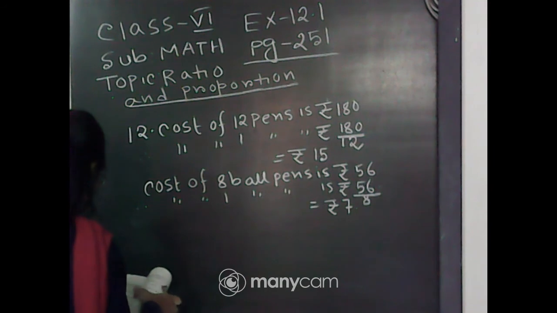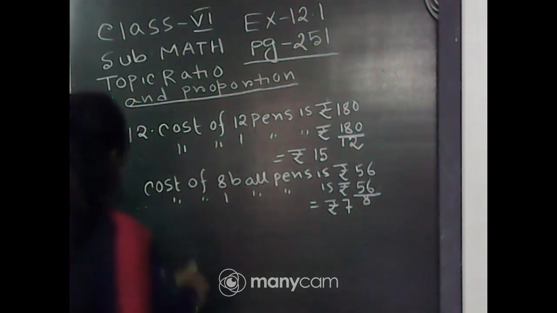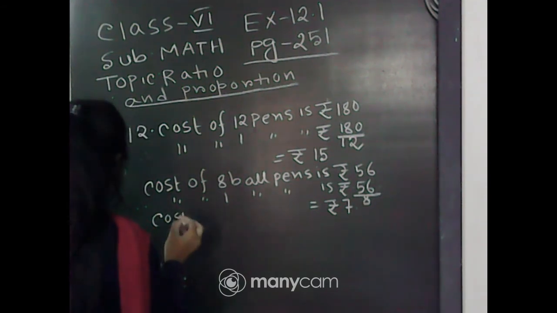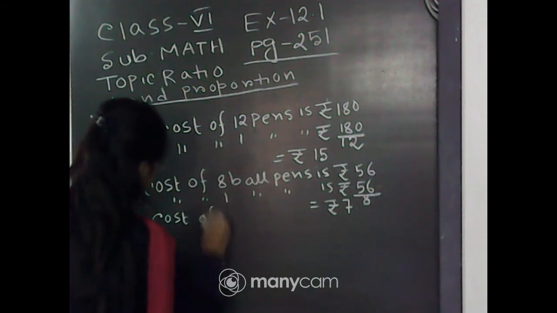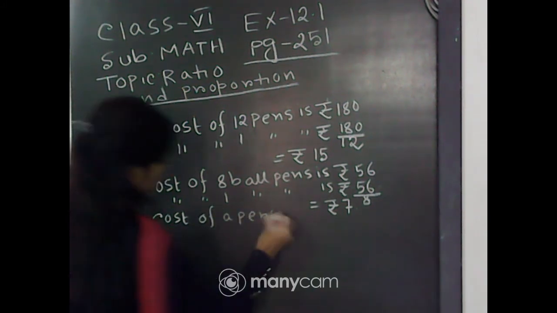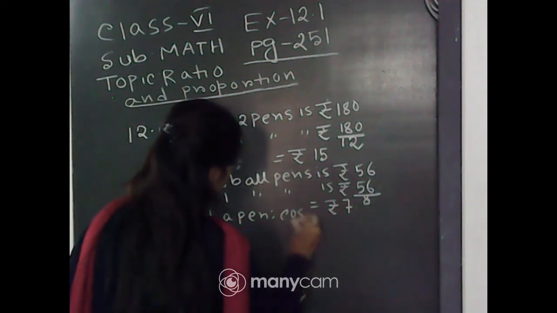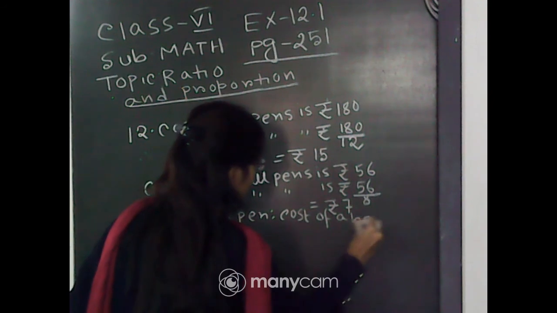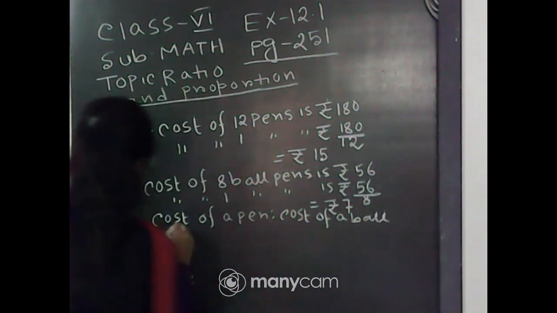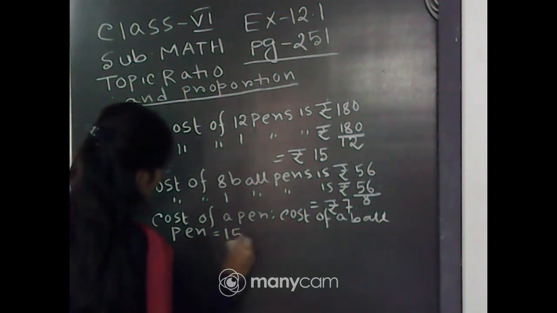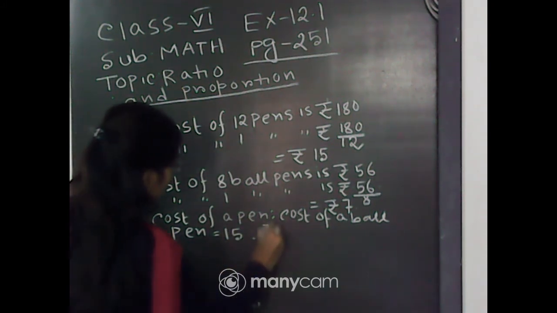Now, the ratio of cost of a pen is to cost of a ball pen is equal to 15 is to 7.